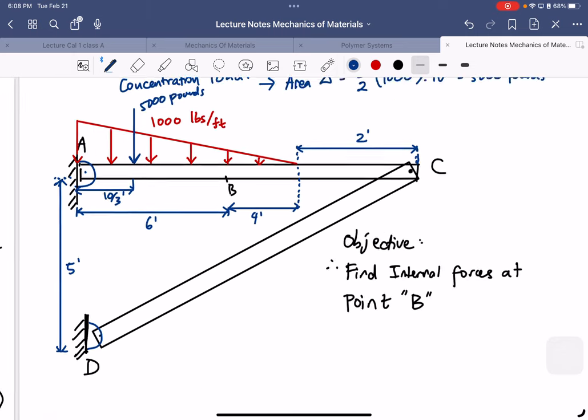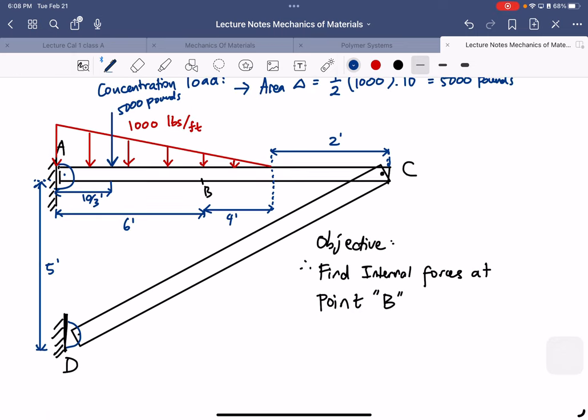Okay, and then this is a two-force member situation, right? So we can write our free body diagram. I think I will just end the lecture at the free body diagram, and then we can continue later. So let me just take one beam AC as our FBD.